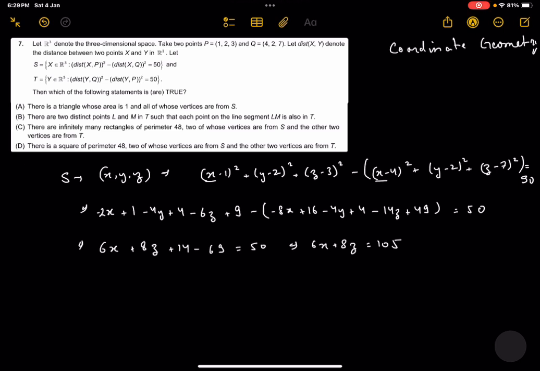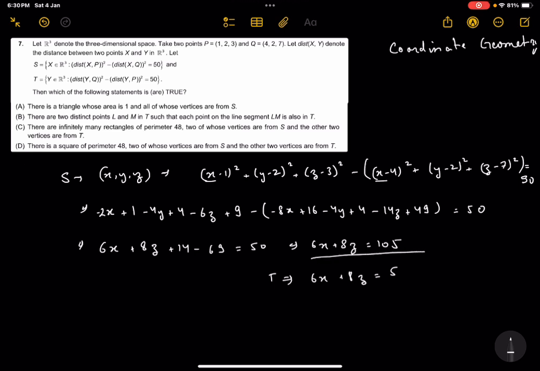Similarly, for the locus of T, we simply will have minus 50 on this side, which will give the locus of T as 6x plus 8z equals 5. Okay, so this is S and this is T.